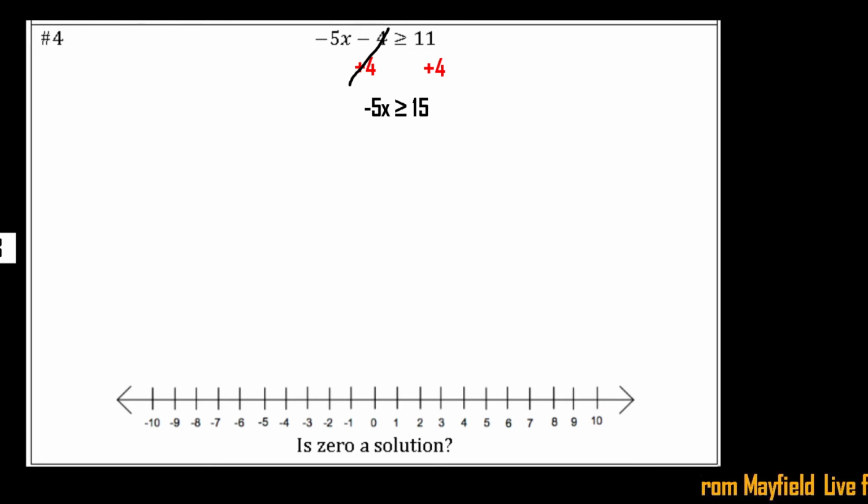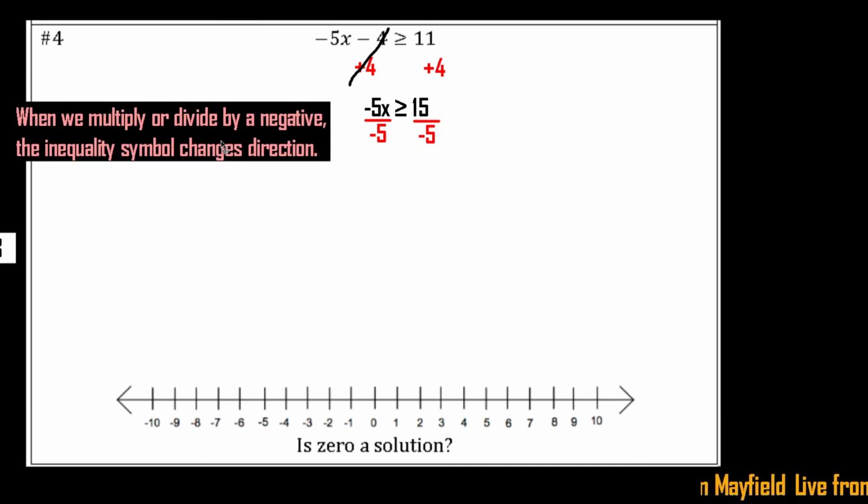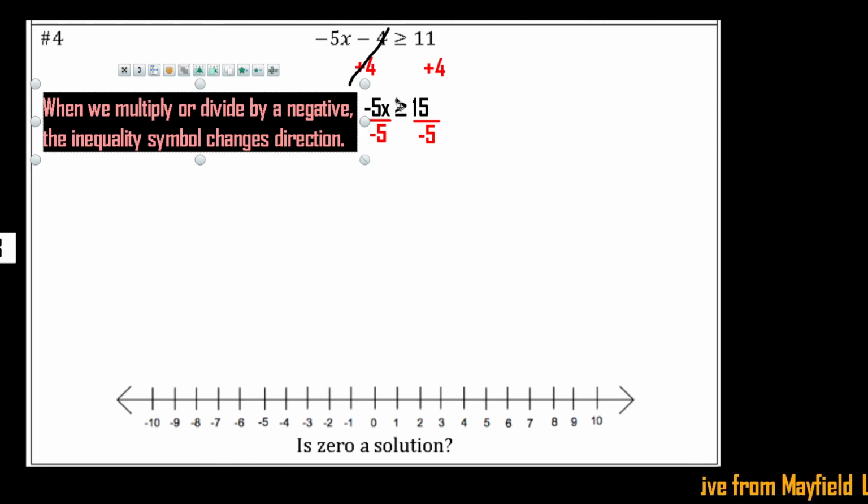Always divide by the coefficient, so we're dividing both sides by negative 5. And we are left with, again, make sure you're having that same idea. Anytime we multiply or divide by a negative, that inequality symbol changes direction. So again, if we start with a greater than, we're now going to have a less than or equal to.